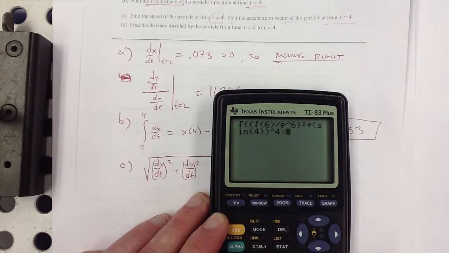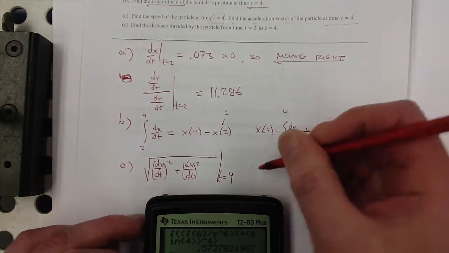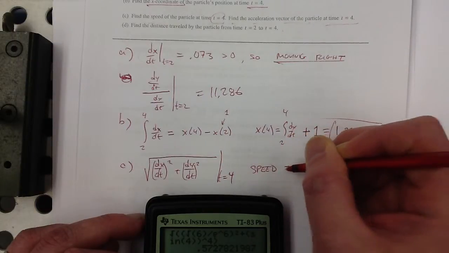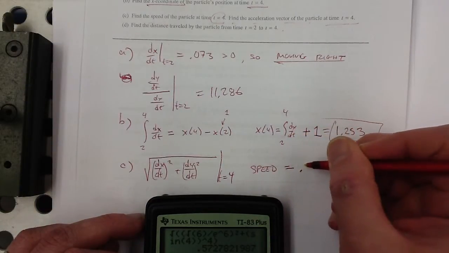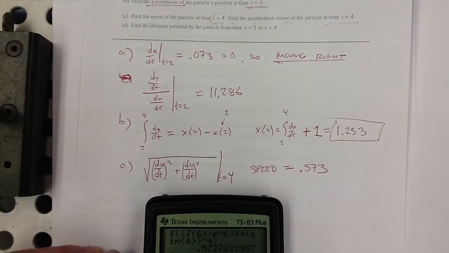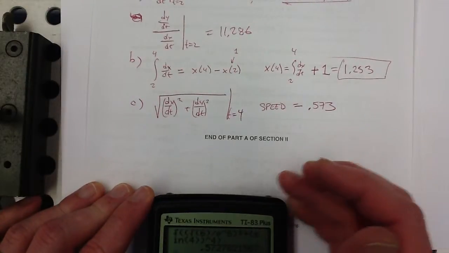And then I can end that whole big square root sign, and that's it, right? So I think the speed is 0.573. I should really have a copy of the rubric here so I can check these, but we'll hope that I didn't make a mistake.